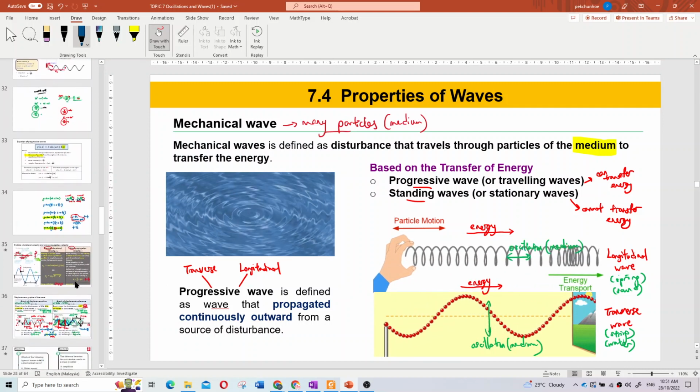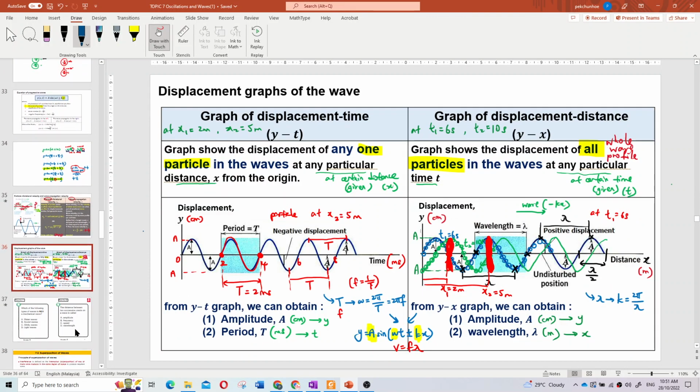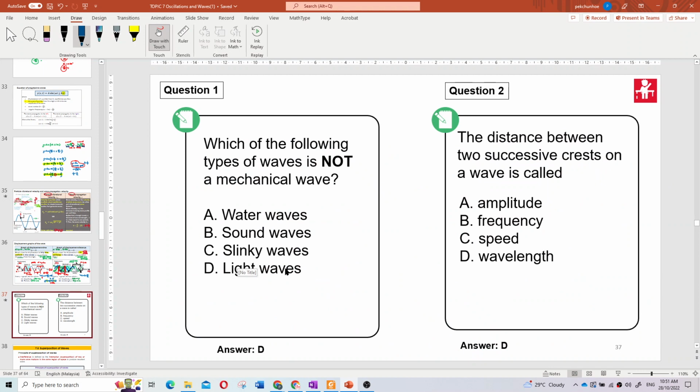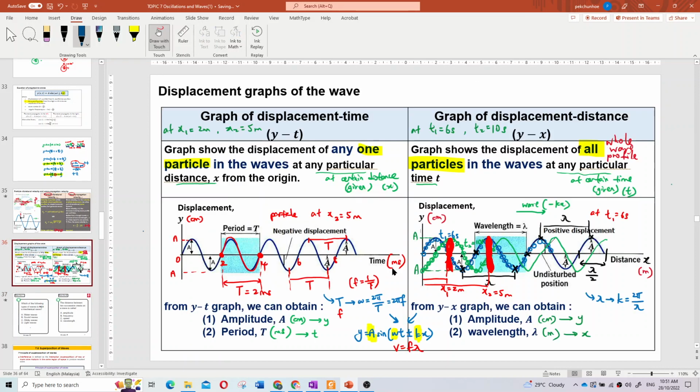So light is not using oscillation of many particles. It uses the interaction between the electric field and magnetic field. No particle there, no oscillation of many particles.